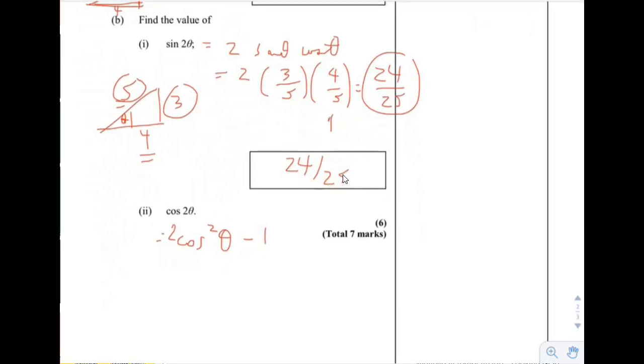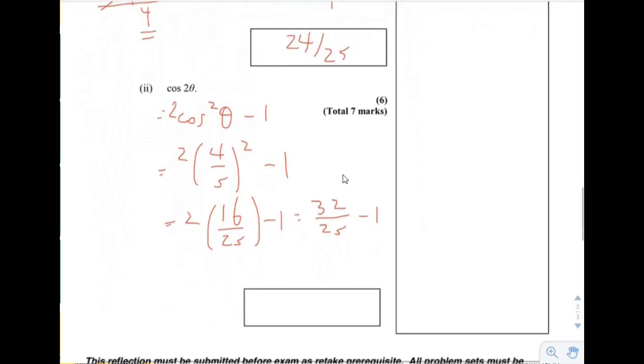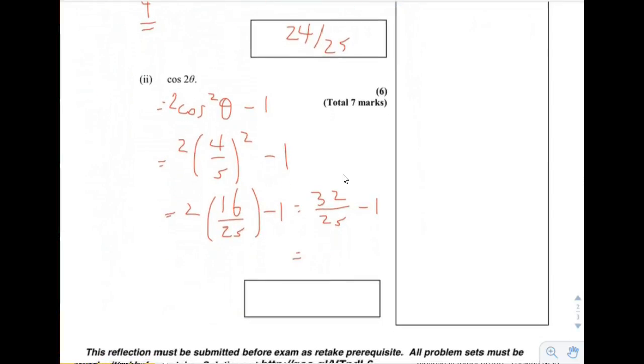So remember, the cosine of theta is 4/5, so it's 2 times 4/5 squared minus 1, which is equal to 2 times 16 over 25 minus 1, which is equal to 32 over 25 minus 1, which is equal to 32 minus 25 divided by 25, which is 7 over 25. Okay? 7 over 25. All right. And that's it.